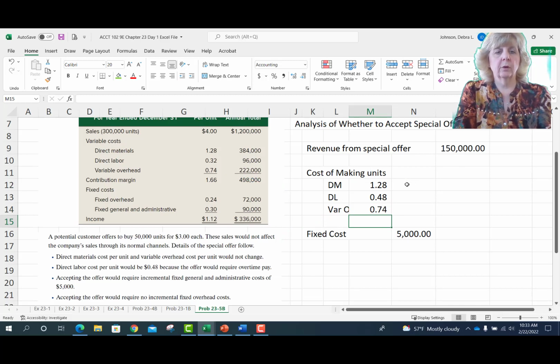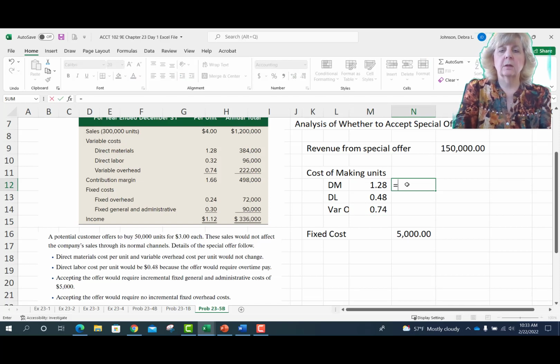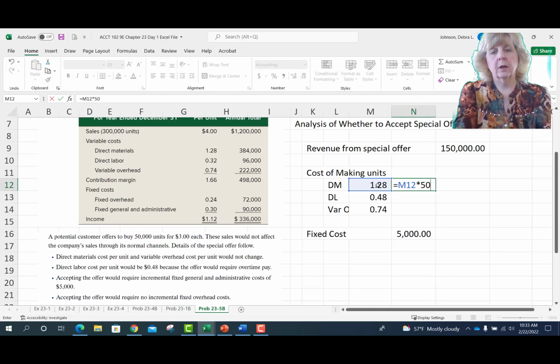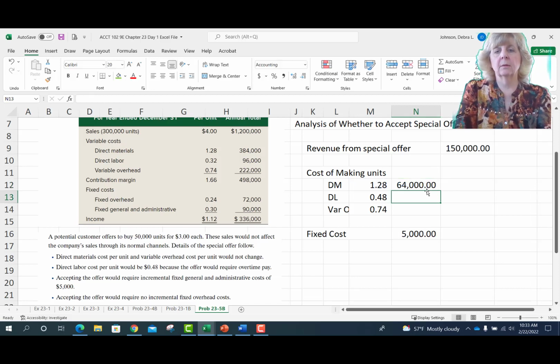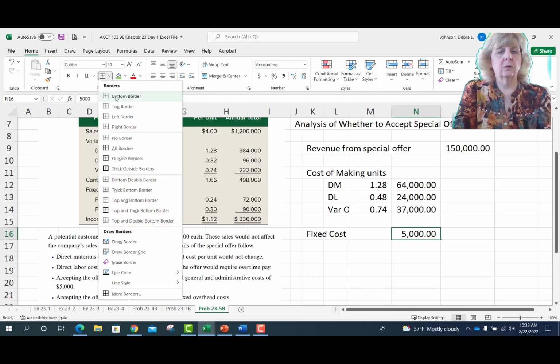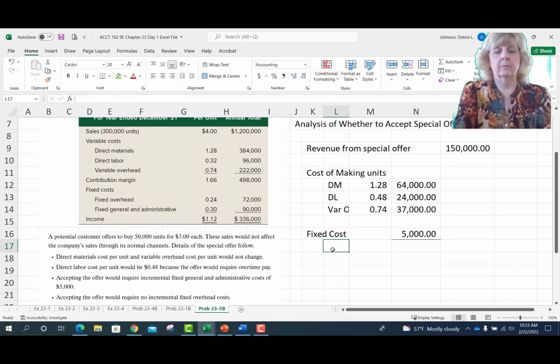Since we were told that we would be selling 50,000, I'll take each one of those line items and multiply by 50,000. I'll copy that formula down here. Then we add up our total incremental costs of making those units; let me title this total incremental costs.